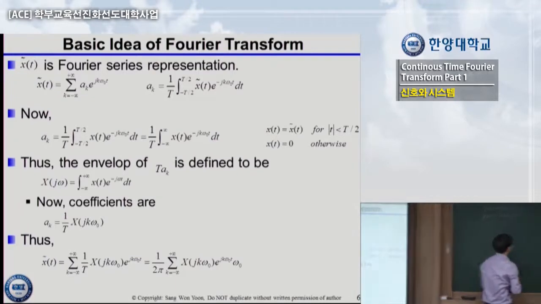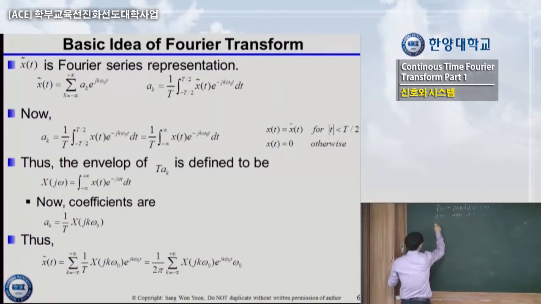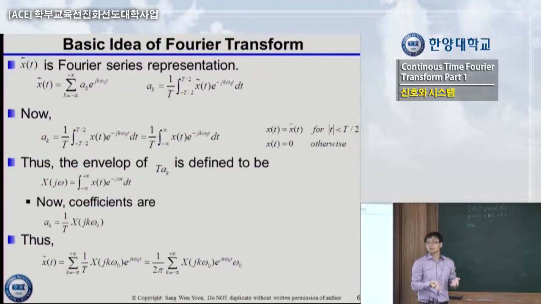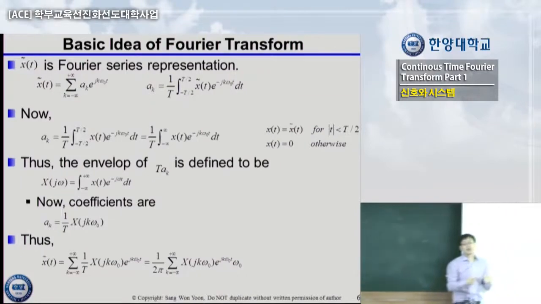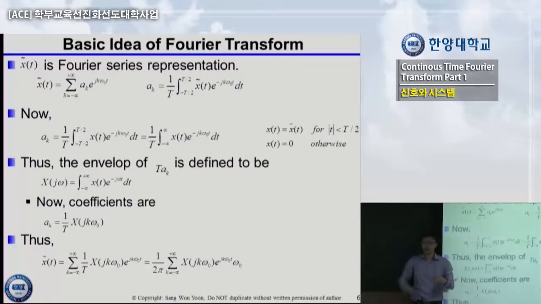In the case of x tilde, we already learned that it can be represented in a Fourier series, right? They were given like this, and we already know their coefficients. We just simply change x(t), which is what we will try to find out, to x tilde and assume that this is a periodic signal.